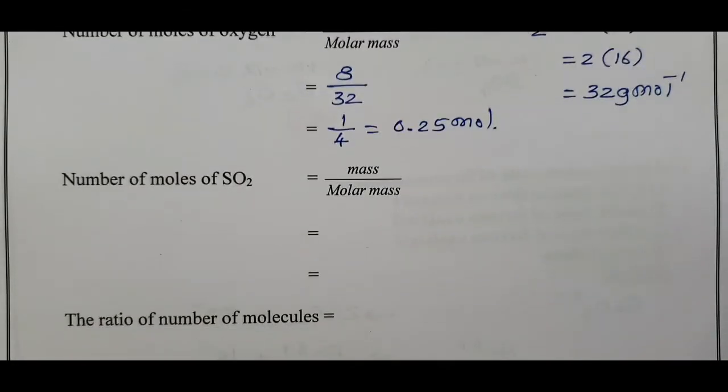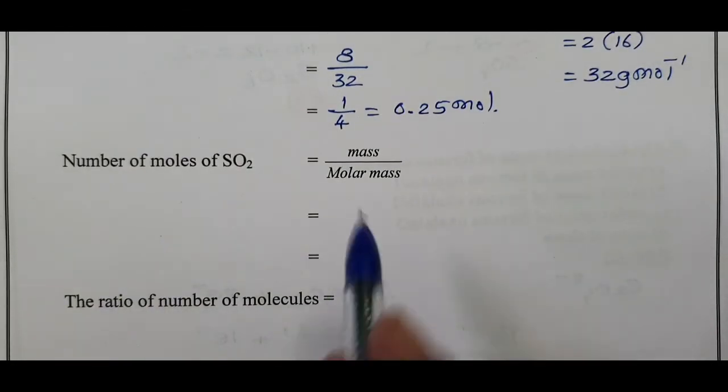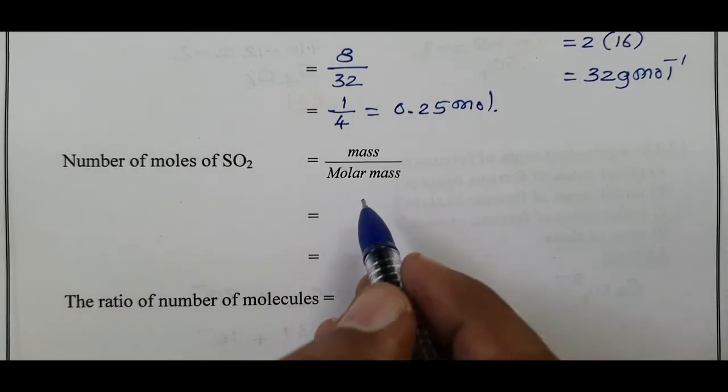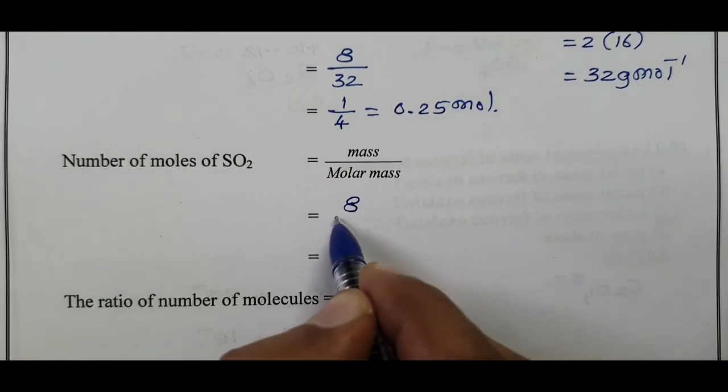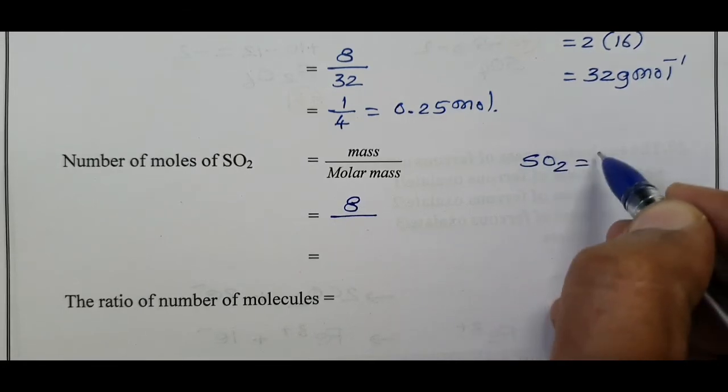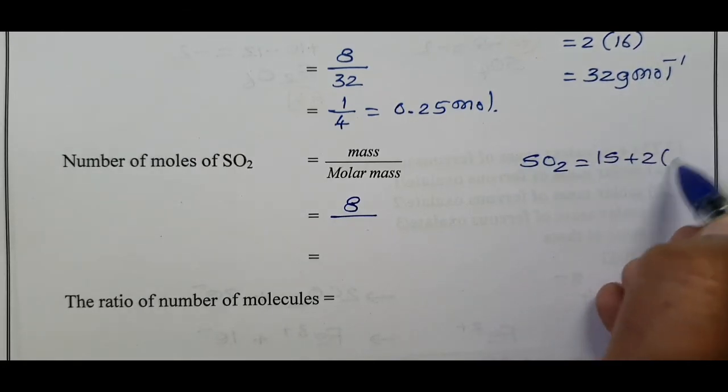Come to the number of moles of sulfur dioxide, SO2. Mass by molar mass. Mass is given in our problem, that is also 8 gram of sulfur dioxide. The sulfur dioxide molecular formula SO2 contains 1 sulfur and how many oxygen? 2 oxygen.